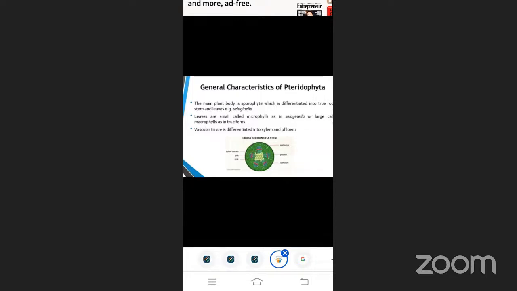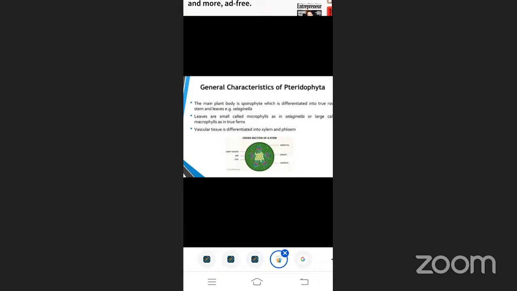Composed of xylem and phloem means the cambium is not present between the xylem and phloem. Okay, so that stele we call a protostele. So what is a protostele? The protostele is the primitive stele, without a central parenchyma; it is absent.